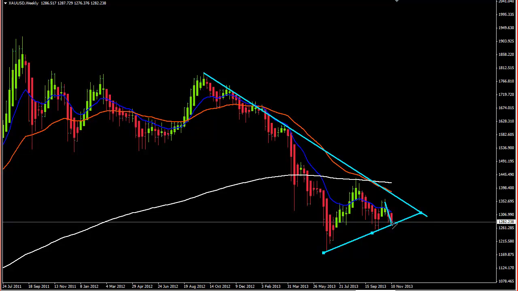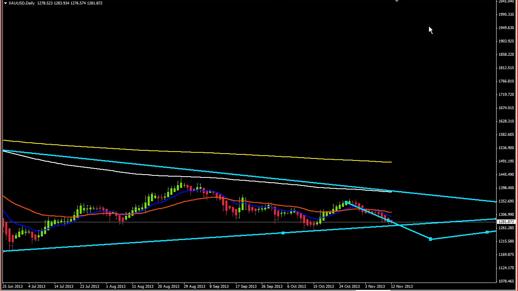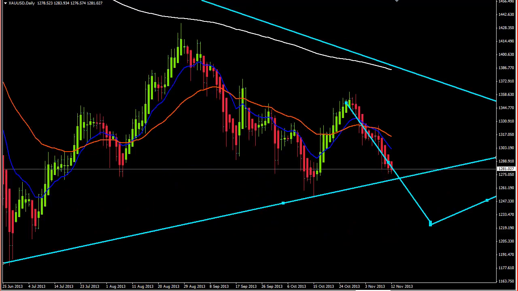If gold does not really create lower points on the chart, like really gives us a clean setup below here, ideally lower, at least on the daily chart, a clean setup below here, then I wouldn't touch it, right?